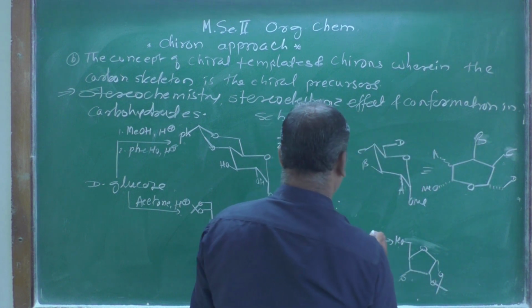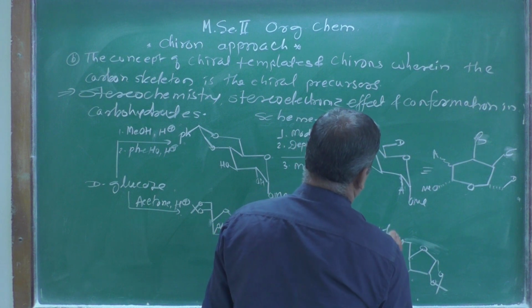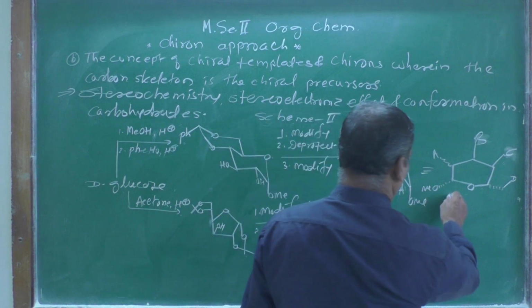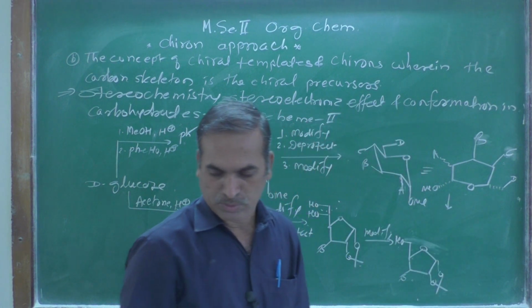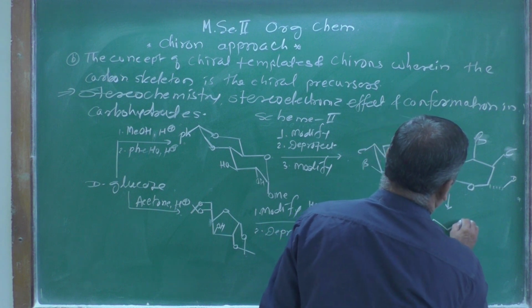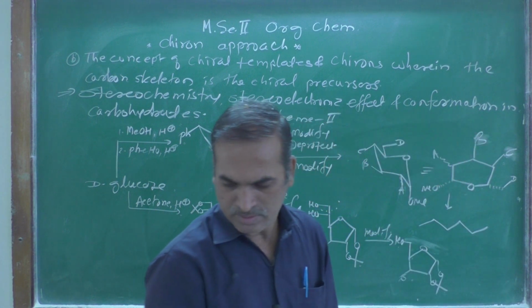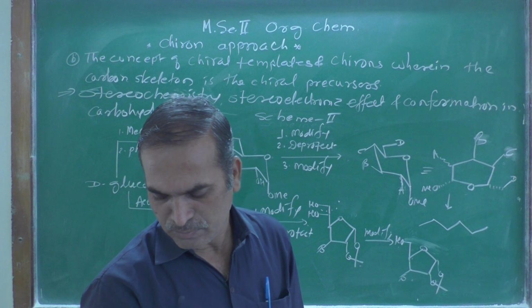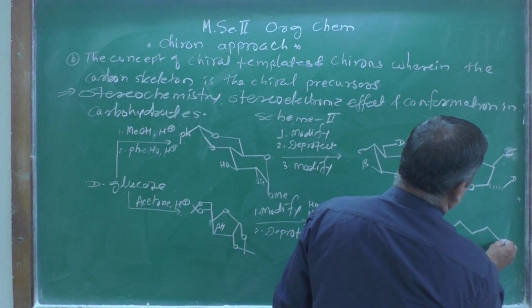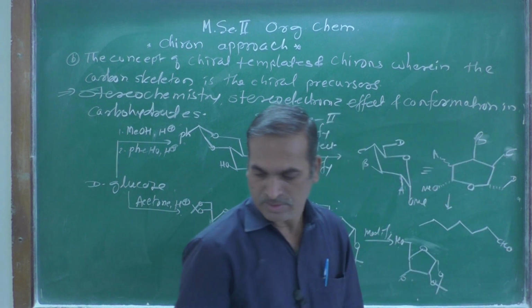After the modification, we will get this one, or this can be converted into this one. This way we can write 1 2 3 4 5 6, 1 2 3 4 5 6, and there CHO.